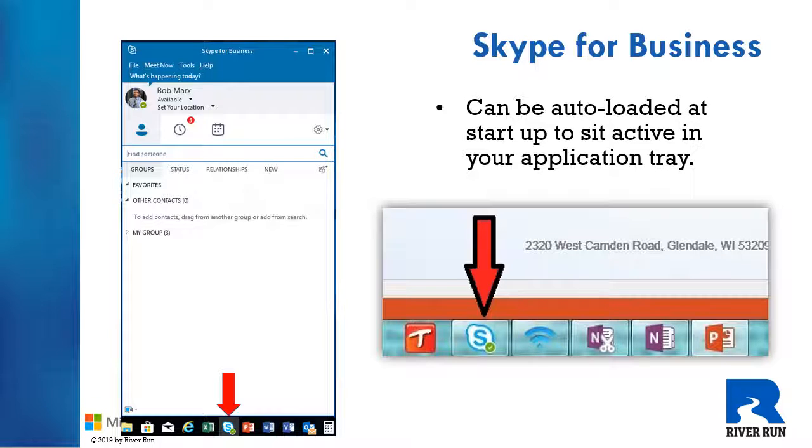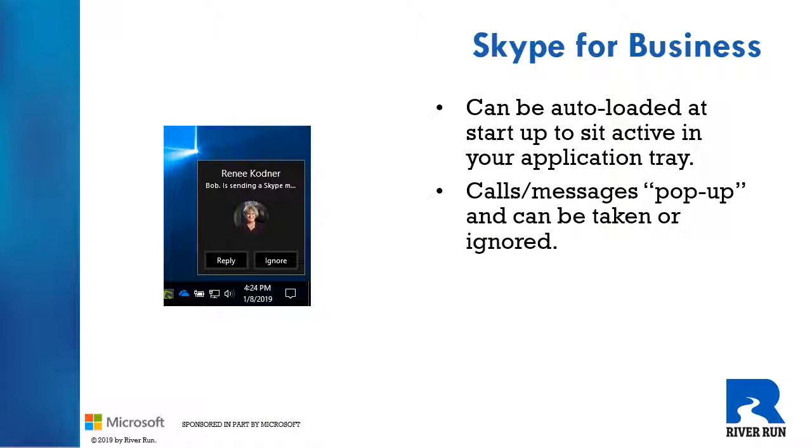In here, you can see where Bob Marks is available. Calls or messages simply pop up on the bottom of your screen, where you can either take them or choose to ignore them. Either way, the message is recorded and available for later.